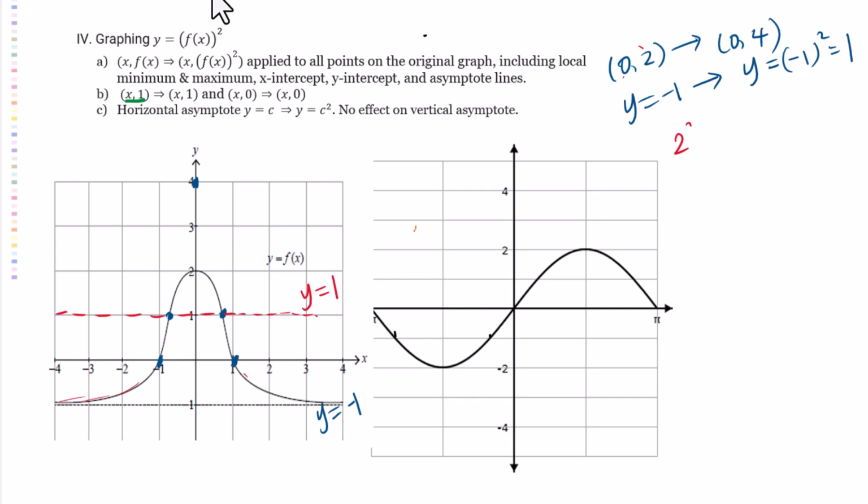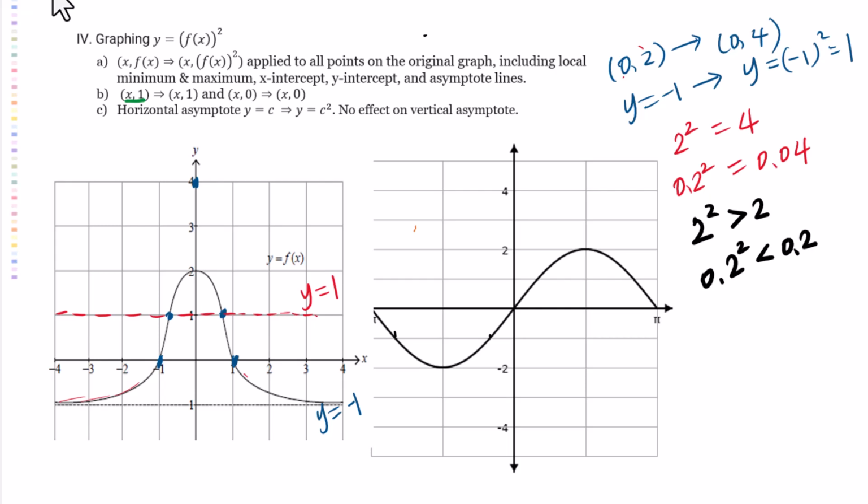We do know 2 squared equals 4. 0.2 squared equals 0.04, which means 2 squared is greater than 2, and 0.2 squared is less than 0.2.